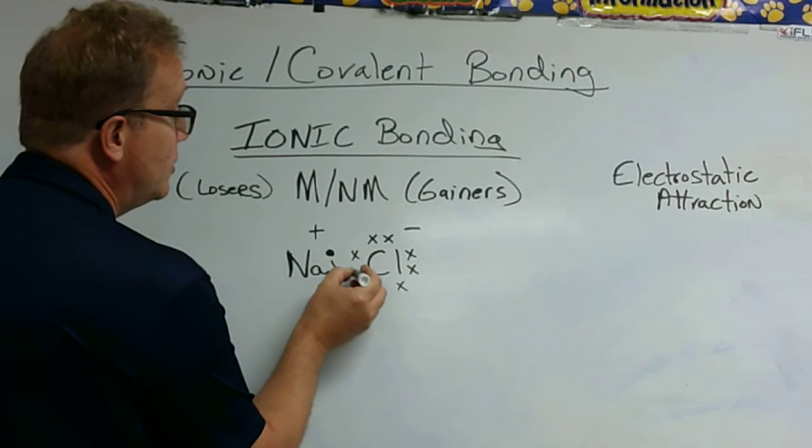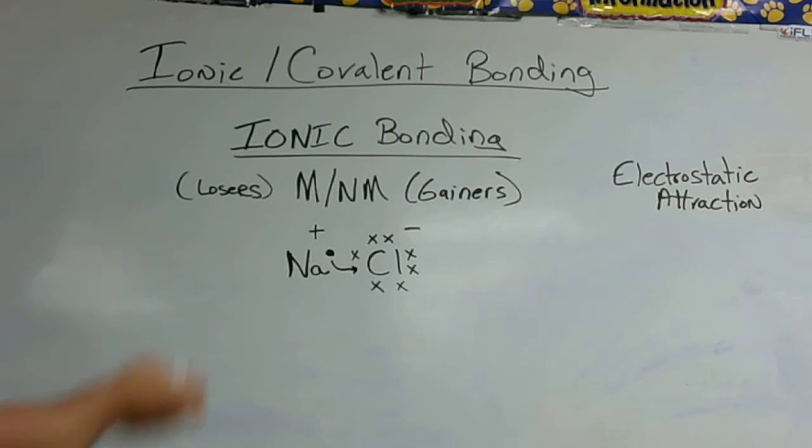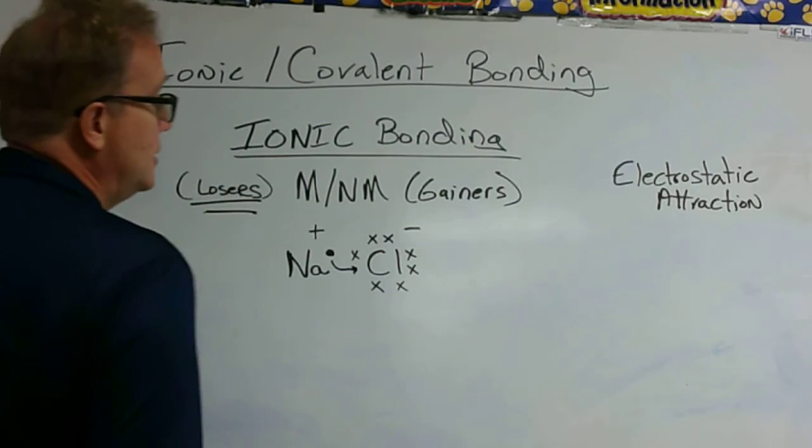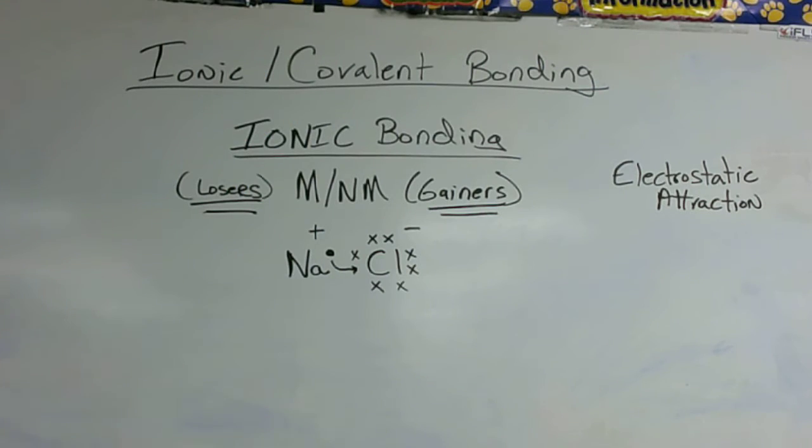So basically what will happen is your Na will lose an electron, and the chlorine's going to gain an electron, and then they're going to bind together to form a compound, which is NaCl. Again, it's a 1-to-1 relationship, so you don't put any numbers down at the bottom.